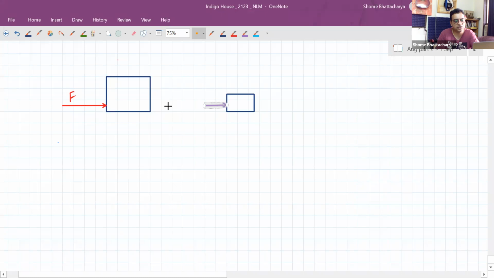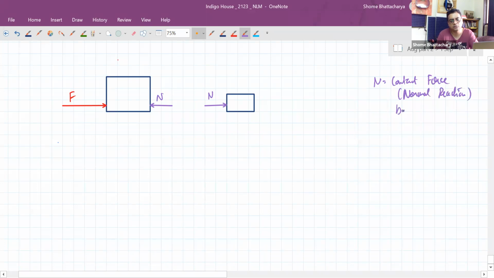So B has to push A back with an equal and opposite normal contact force. So this I'm writing as, suppose N, and write it as NAB also, whatever. So this one and this one here are an action reaction pair, this N. This is the contact force, the normal reaction.